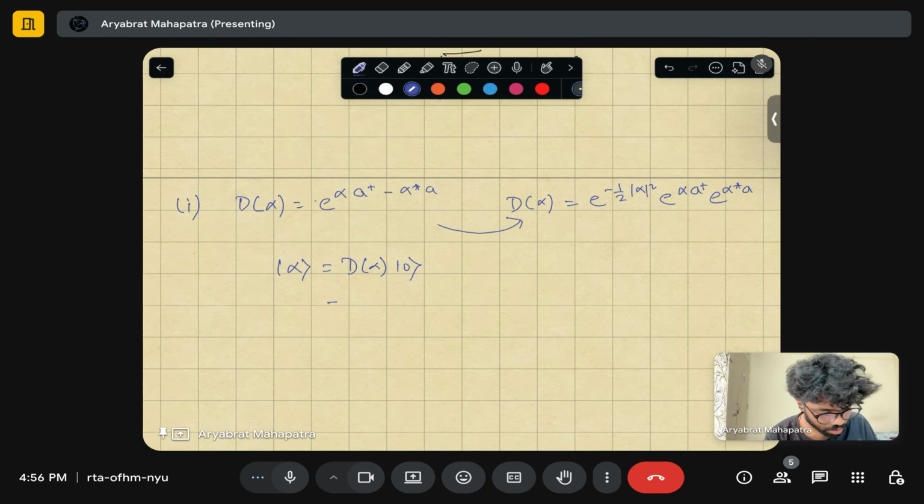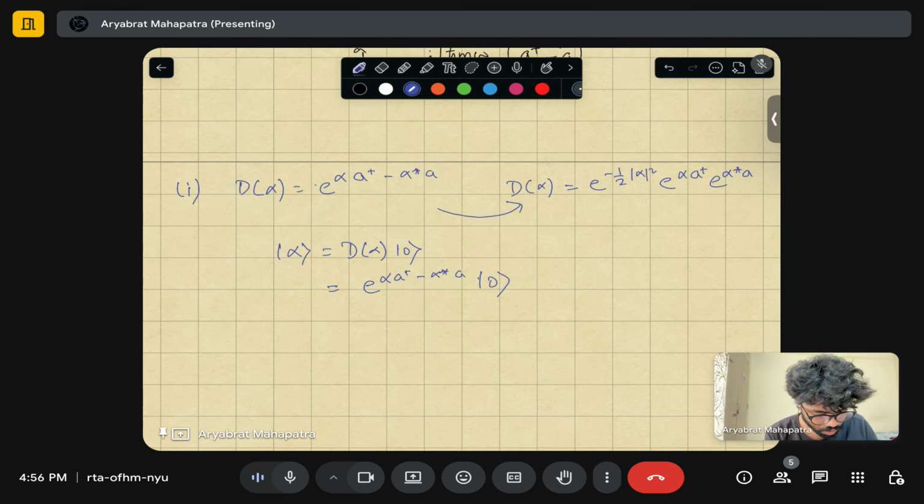Then your D alpha is exponential of alpha a dagger minus alpha star a, acting on 0.